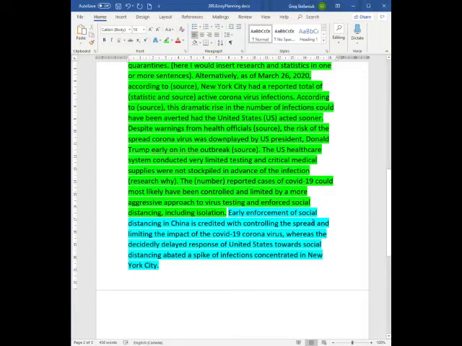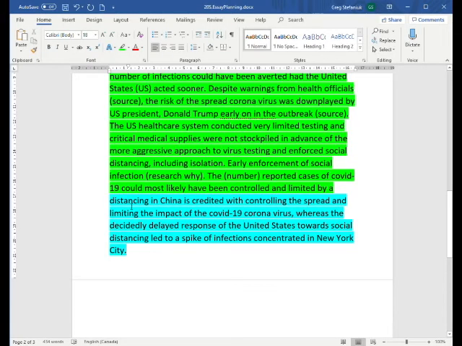Early enforcement of social distancing in China is credited with controlling the spread and limiting the impact of the COVID-19 coronavirus. Whereas, comma, maybe a semicolon, I just put a comma. Whereas the decidedly delayed response of the United States towards social distancing led to a spike of infections concentrated in New York City.